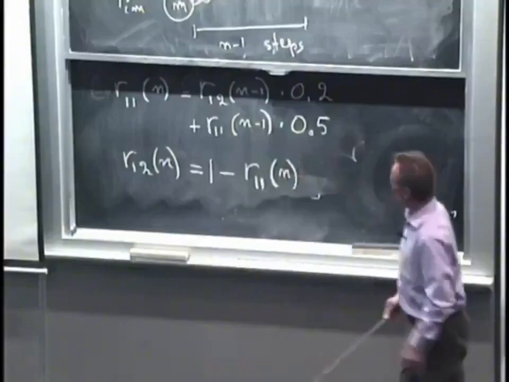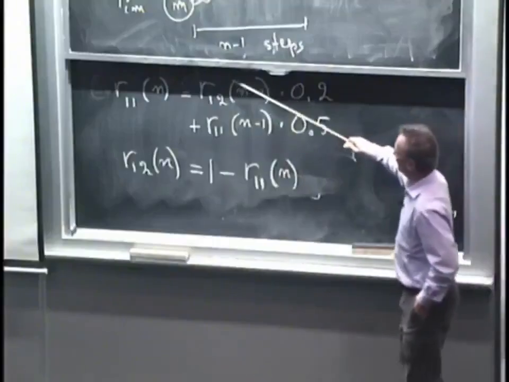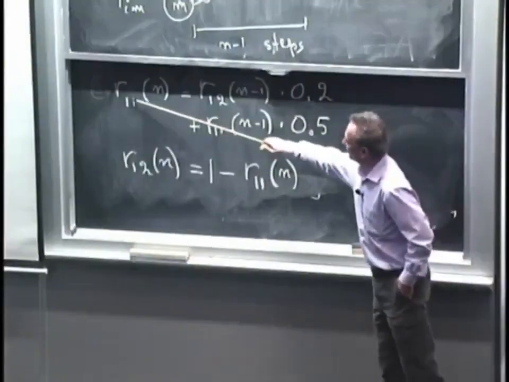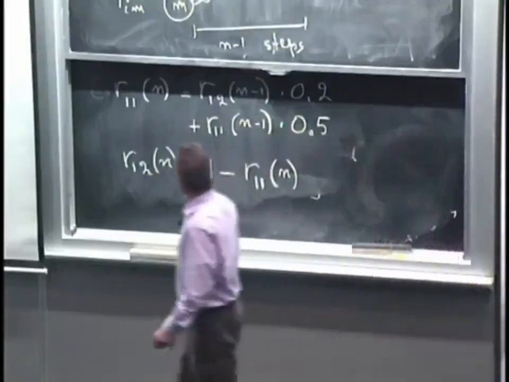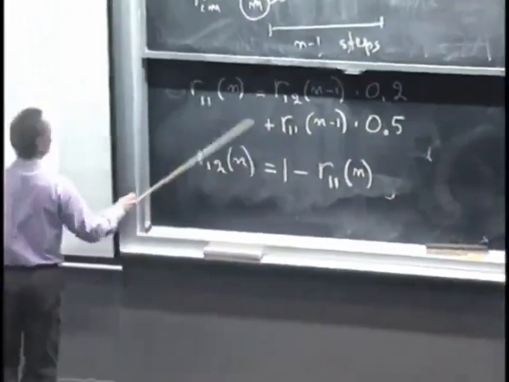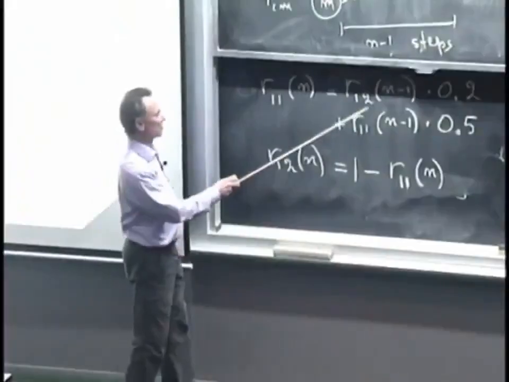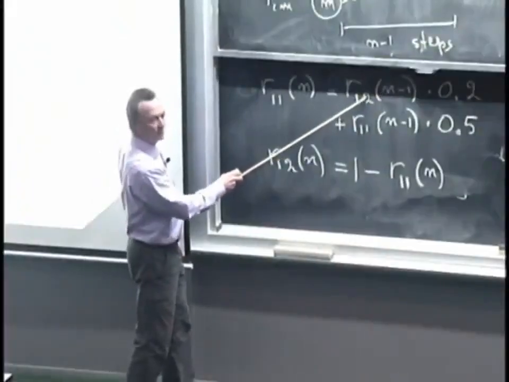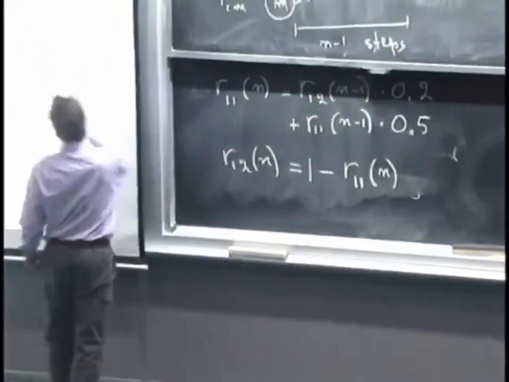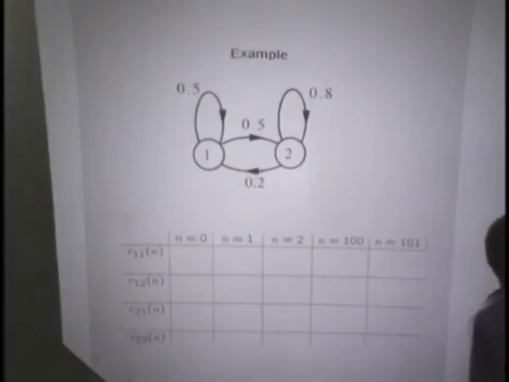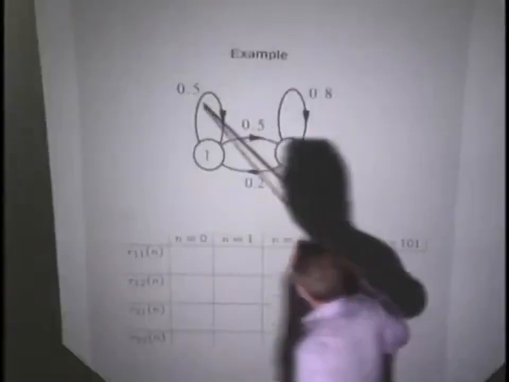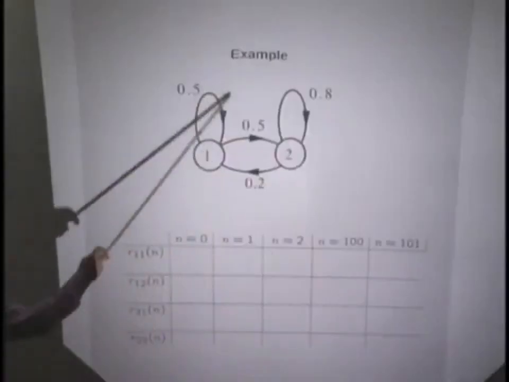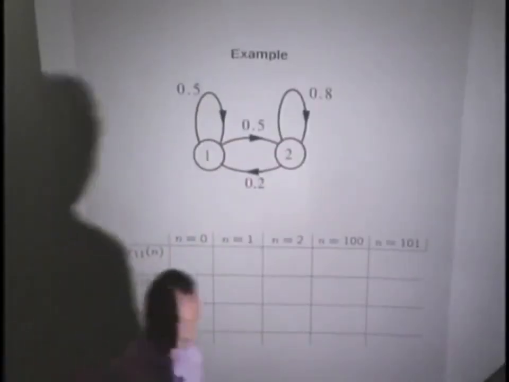And this is enough of a recursion to propagate R11 and R12 as time goes on. So after n minus 1 transitions, either I find myself at state 2, and then there's a 0.2 transition that I go to 1, or I find myself at state 1, which is with that probability, and from there I have probability 0.5 of staying where I am.